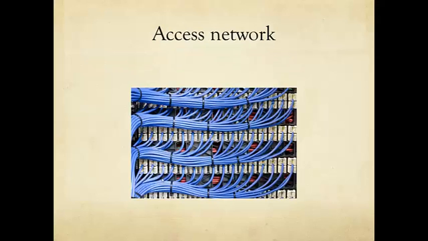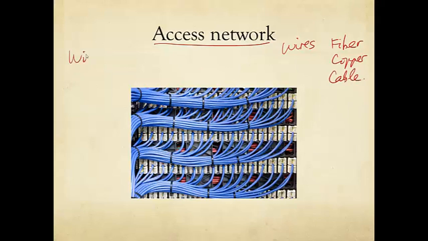It's about access networks. We all need to go through an access network in order to get to the rest of the internet. And these access networks might be over wires, such as fiber, copper, DSL, or coaxial cables.